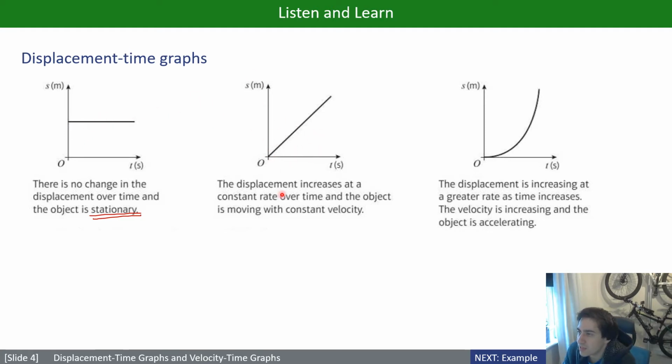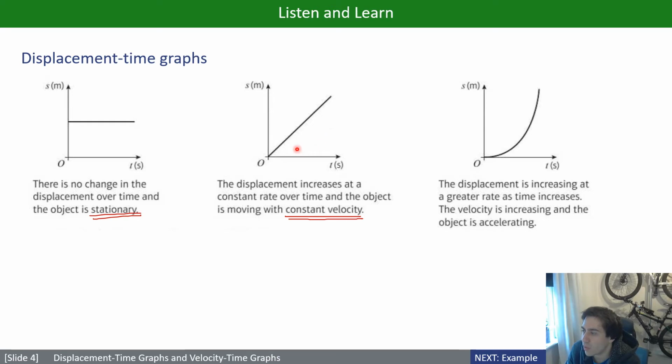In the second case, the displacement increases at a constant rate over time, and the object is moving with constant velocity. So we're looking at an object which is moving at a constant speed. 5 meters per second, 10 meters per second, doesn't matter what the number is, but it's a constant speed.